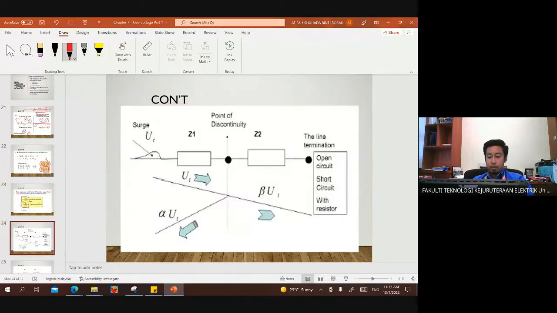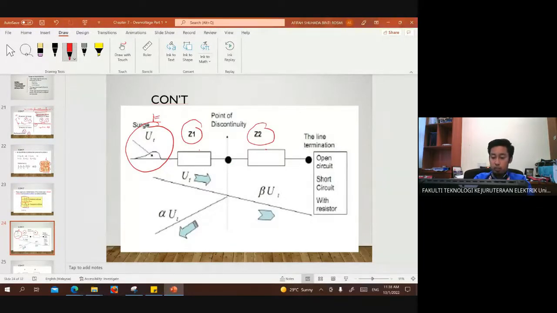This is for the example here. This is the surge signal, from the UT or the value of E. And then this one is the value of the first impedance, and this one the value of the second impedance. And then the first impedance and the second impedance are connected by a junction.